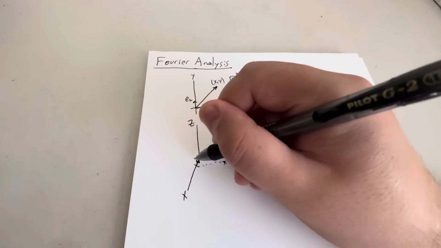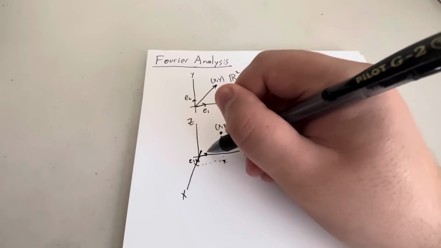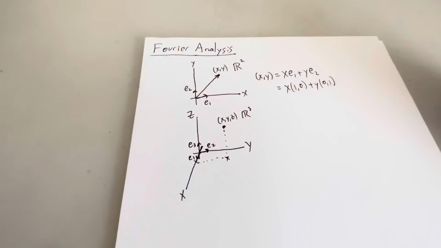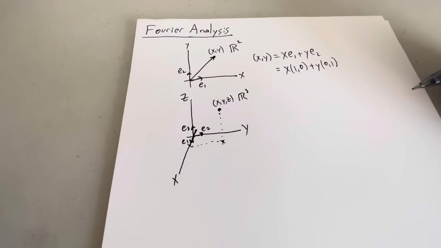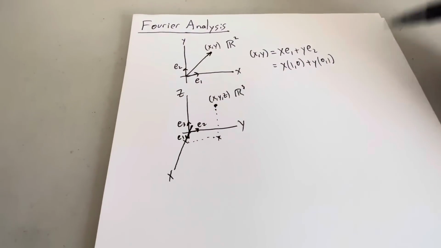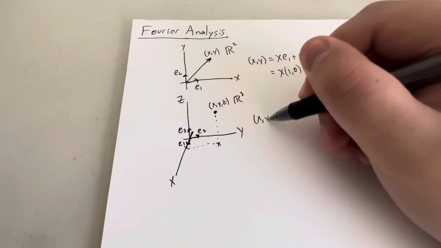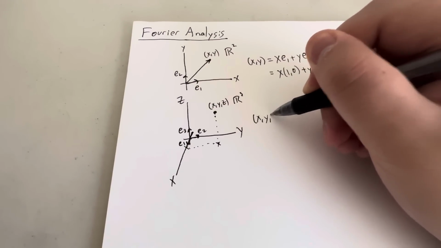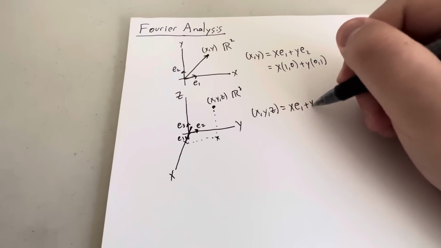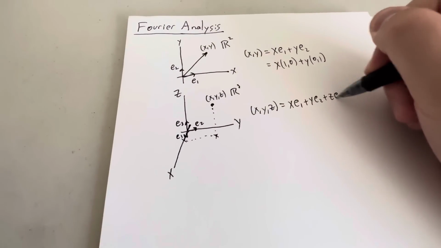So we have a vector going this way, we call E1, a vector going this way, E2, a vector going this way, call it E3. And E1, E2, and E3 form an orthonormal basis for my vector space R3. So if I have (x, y, z), I can write this as xE1 plus yE2 plus zE3.